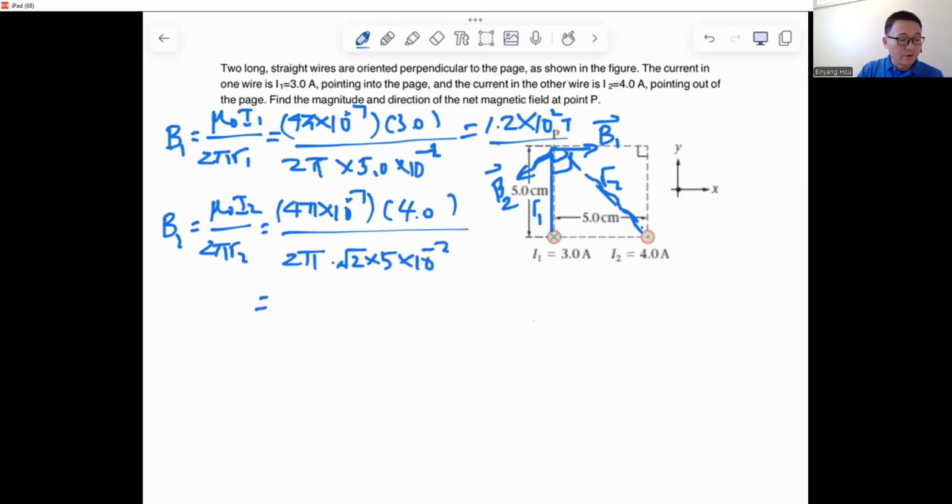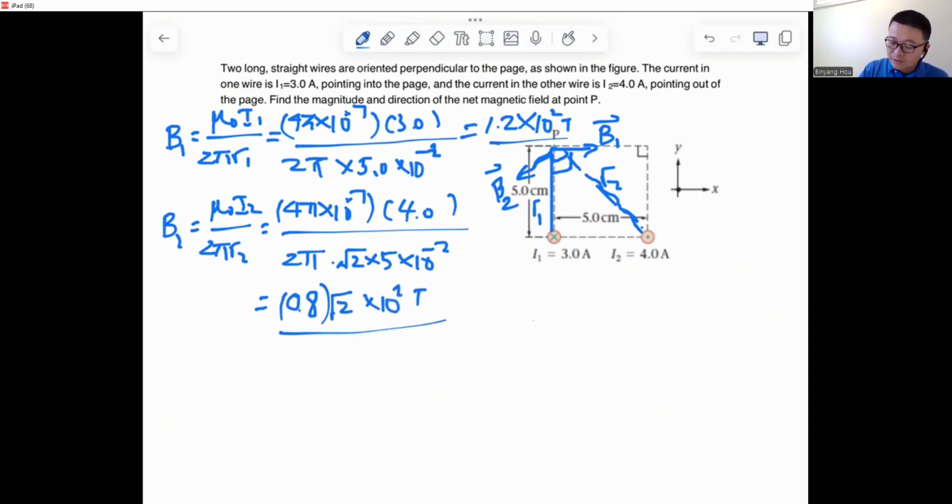So we'll get about, I think I have a weird number but I'll just write it down anyway, 0.8 times square root of 2 times 10 to the second Tesla.